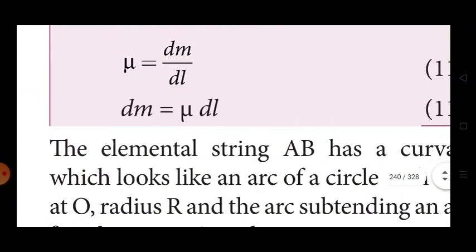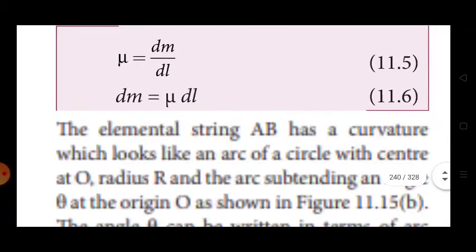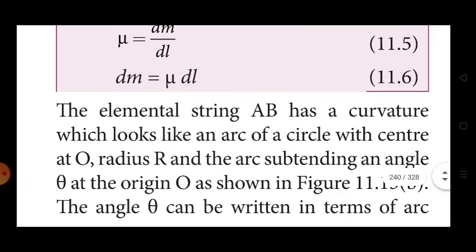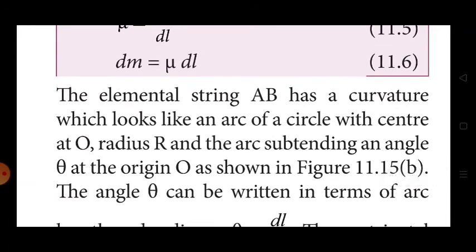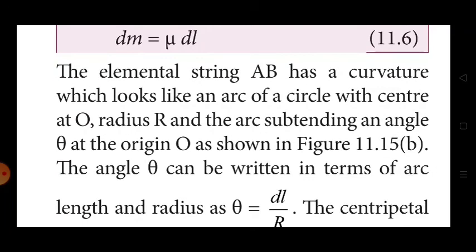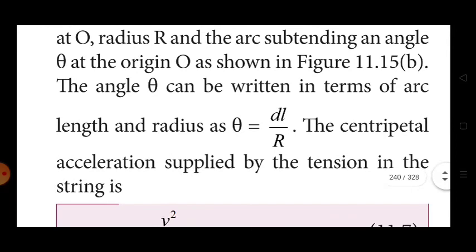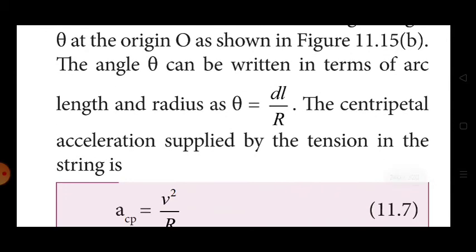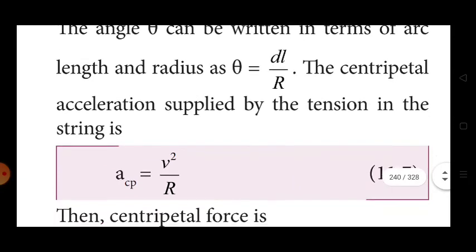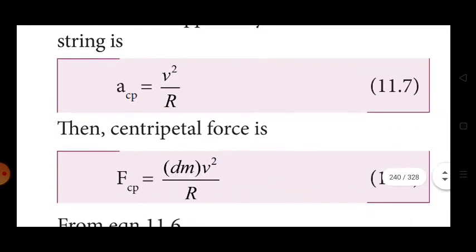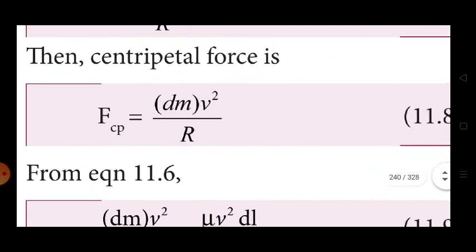The element string AB has a curvature which looks like an arc of a circle with the center at O, radius r, and the arc subtending an angle theta at the origin O. The angle theta can be written in terms of arc length and radius as theta is equal to dl by r. The centripetal acceleration supplied by the tension in the string is v square by r. The centripetal force is F_CP equal to dm v square by r.